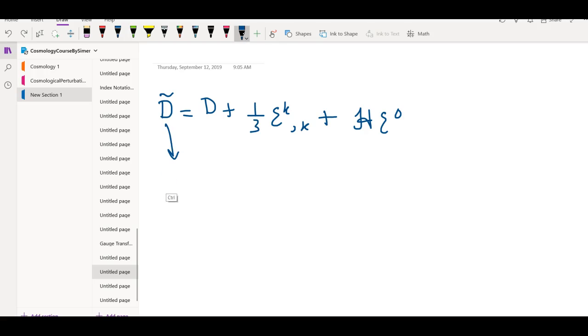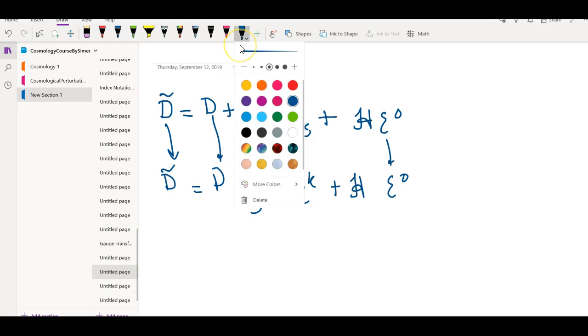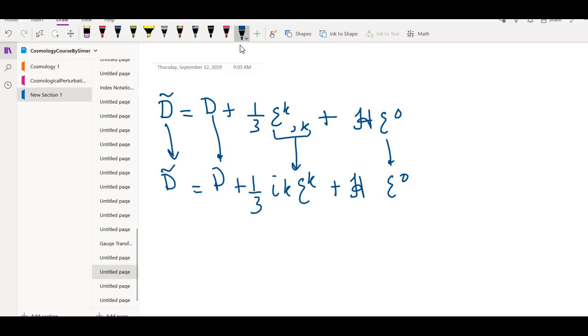This in k space is D tilde, this is D, and this is xi 0. So we have D tilde equals D plus 1 by 3 plus this. Sorry, this is k.